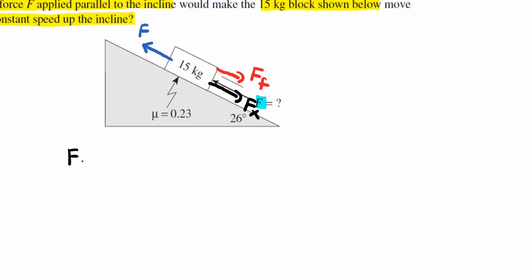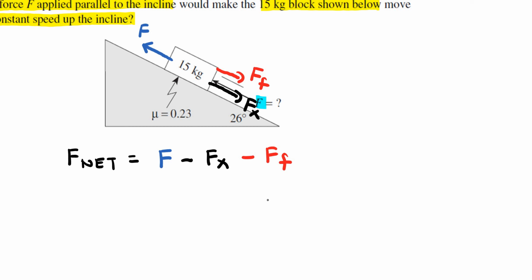So if we create an F net equation for this entire system, we know the system is going up the incline. We'll start out with the force in the blue font, and then subtract the force in the x direction, which is parallel to the incline, minus the force of friction.